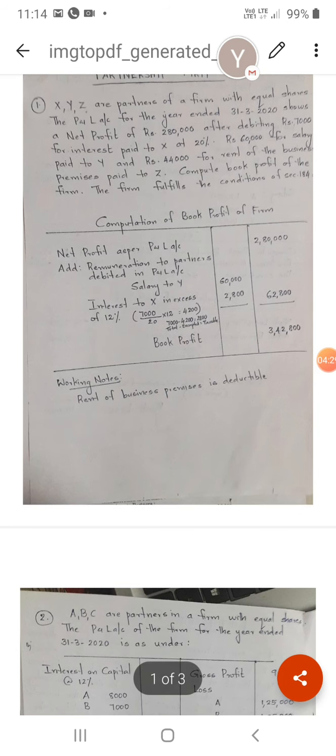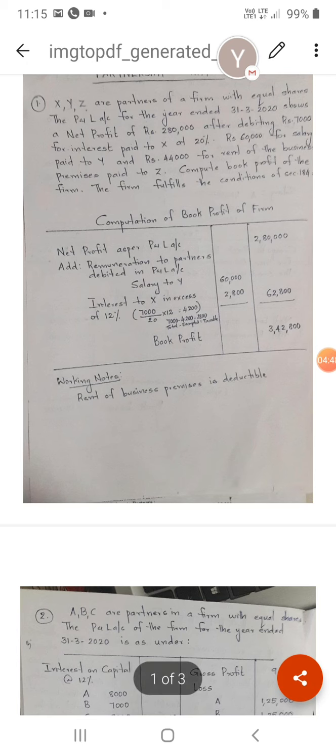Then second one is salary. Salary of 60,000 paid to Y. Whenever salary comes, it is part of remuneration, so we can directly give the heading as remuneration. Remuneration paid to Y in the form of salary will be added. Then the third item debited in the profit and loss account is rent of business premises.